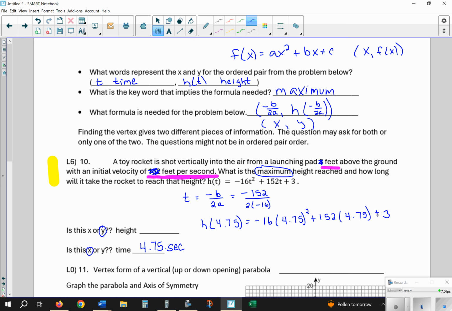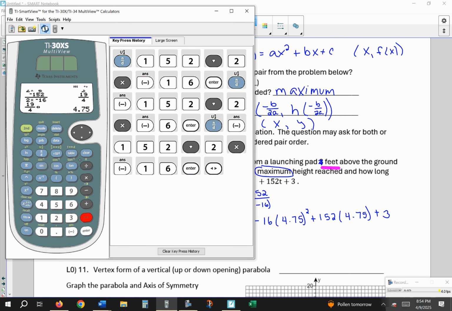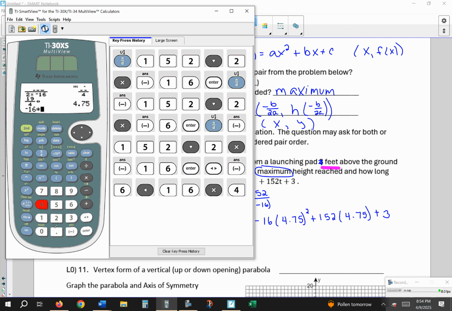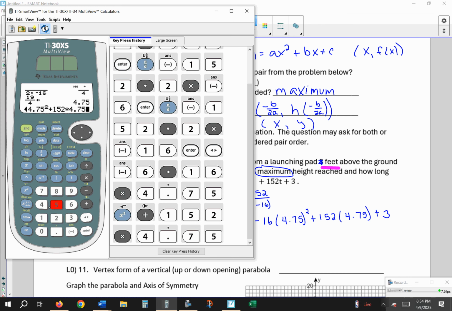All right, and then again, using our calculator, so I have negative 16 times 4.75 squared plus 152 times 4.75 plus 3.